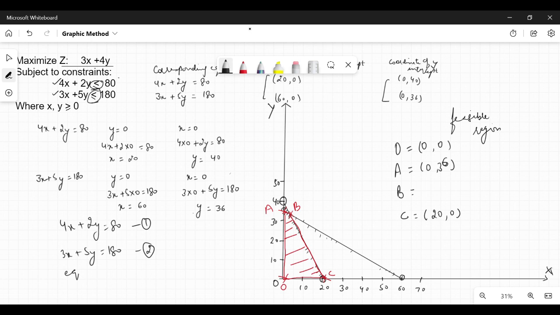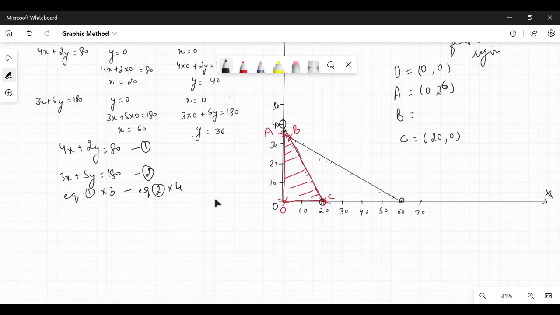So I will write equation 1 multiplied with 3 minus equation 2 multiplied with 4. So we will get 12x plus 6y is equal to 240 and 12x plus 20y is equal to 720. Now when we subtract these two equations, we will get minus 14y is equal to minus 480.